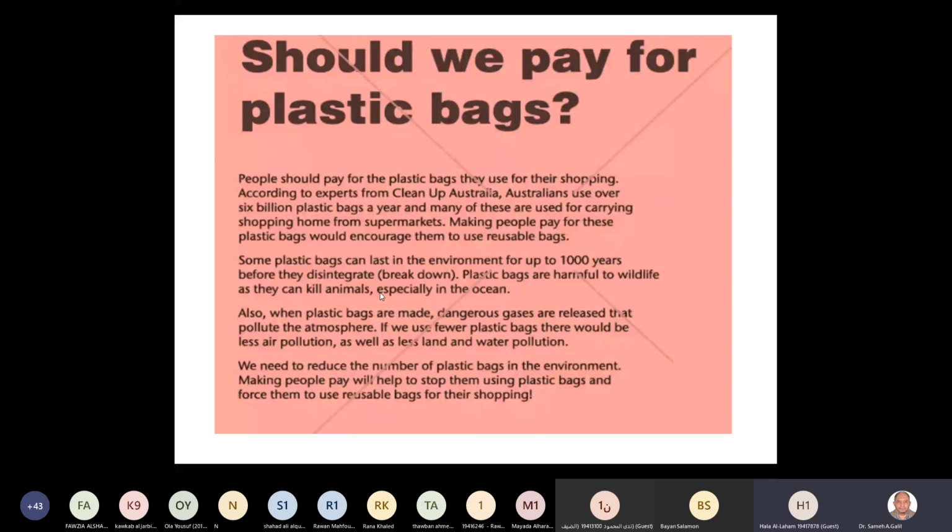But this is the message that he or she is trying to get across to us. So this is persuasive because obviously the writer is trying to persuade us, to convince us that using plastic bags is not good, stressing how harmful they are to the environment, and to the animals and stuff, right?